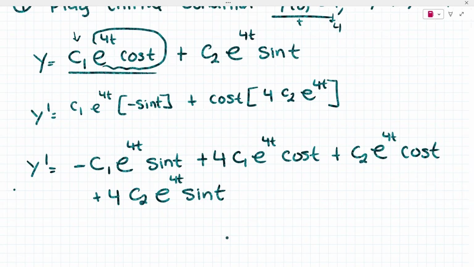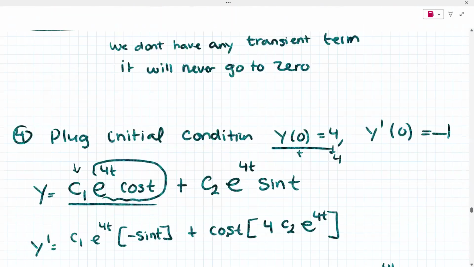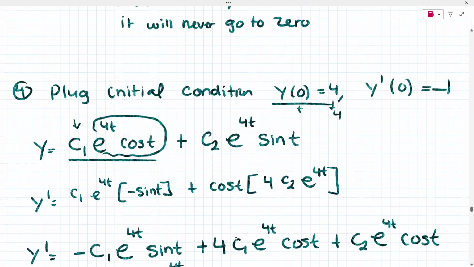And then I think we should plug in our initial condition, y prime of 0 equals 1.